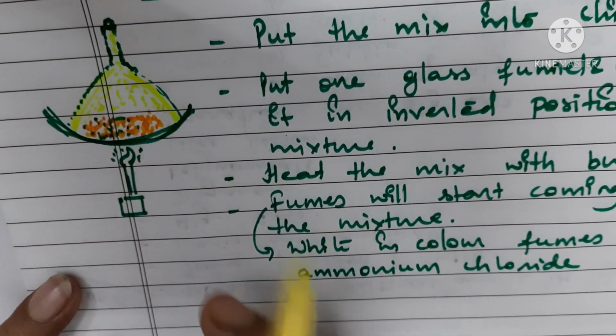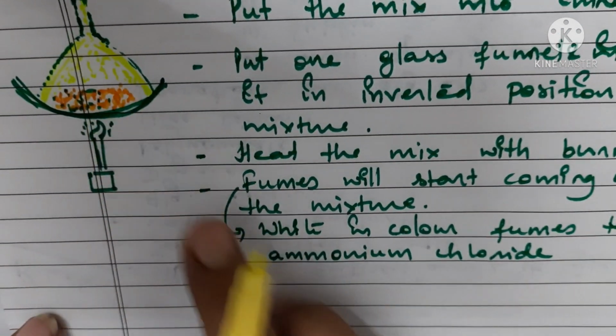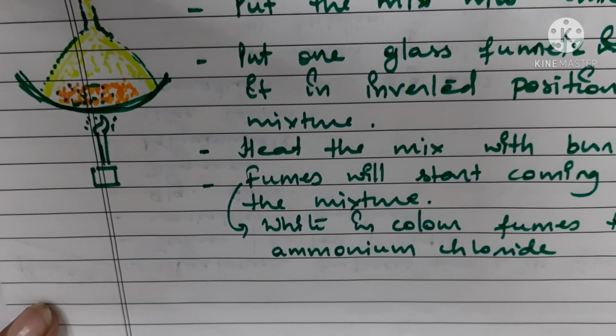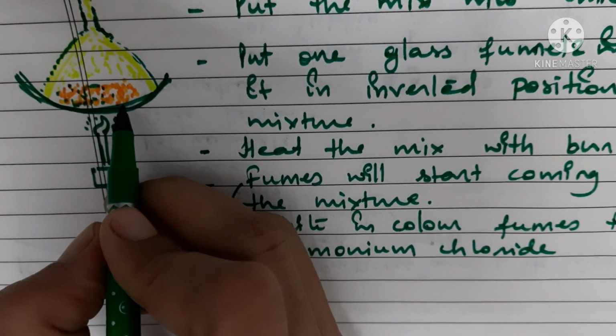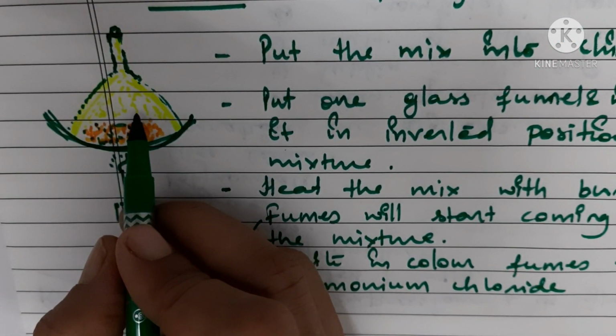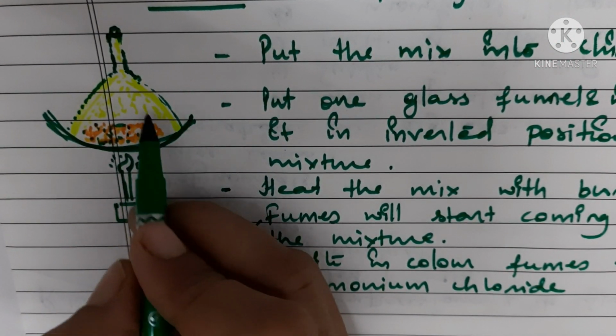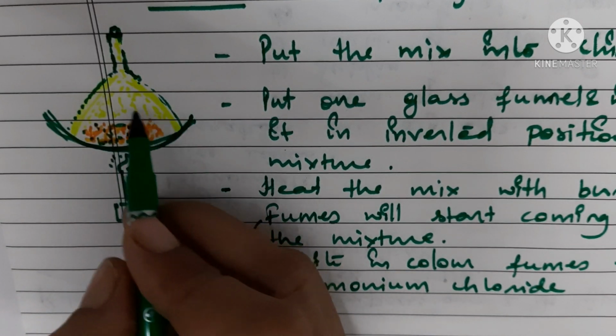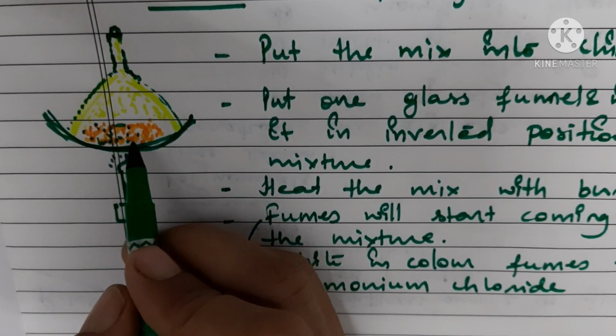That means ammonium chloride started sublimating here. Ammonium chloride has the capacity to sublime. ये अमोनियम क्लोराइड हीट करने पर डायरेक्टली फ्यूम्स में, धुएं में बदल गया और ये धुआं जाके ग्लास में लगने लगा. ग्लास के किनारे किनारे सब धुआं चिपक गया.